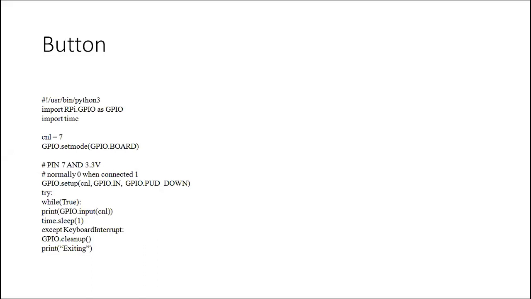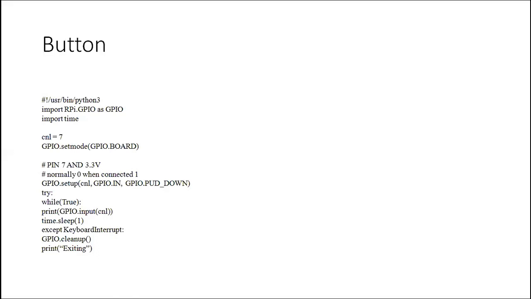Here, as usual, we are using the GPIO packages. So we are importing the GPIO packages, and pin number 7 we are using as an input port. We are setting the GPIO mode as board mode, so pins will be considered according to the physical configuration, not the BCM configuration.